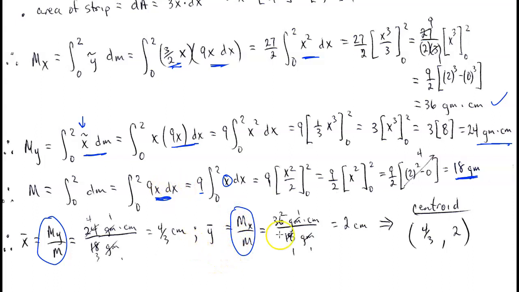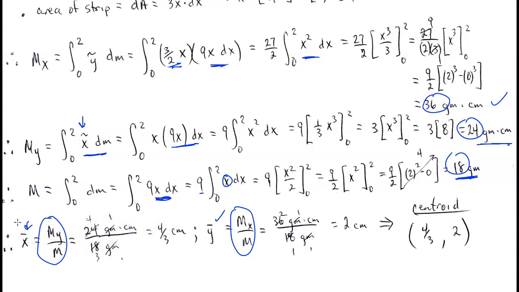Okay? And you see we have all the numbers that we need here. So if we take 36 and divide it by 18, that gives us the y coordinate. And if we take 24 and divide it by 18, we're going to have the x coordinate here.